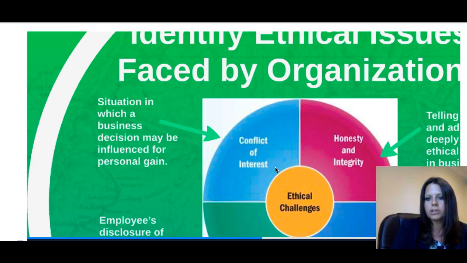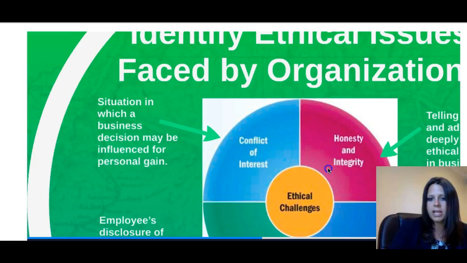So when you're trying to figure out if an ethical challenge is a conflict of interest, think about, is there something that looks like they're making a decision based on something more personal, some type of bias, rather than the right qualifications for a job? Or does it look like that, or is that actually happening? And that's a good example of a conflict of interest.